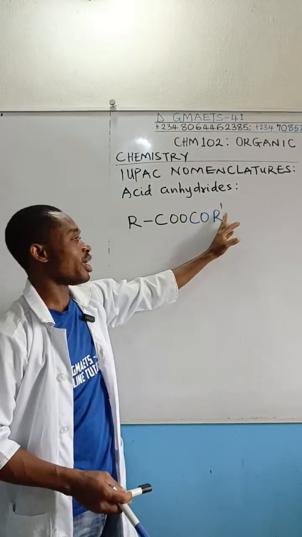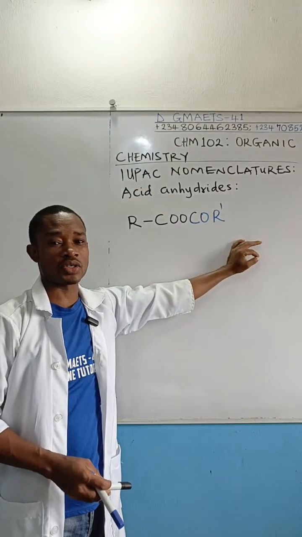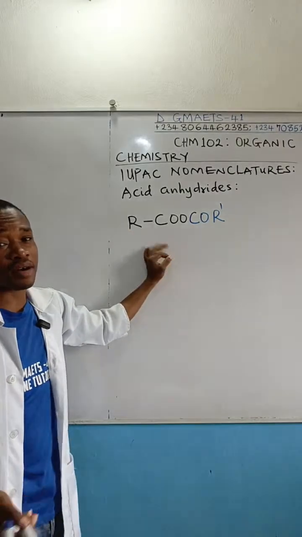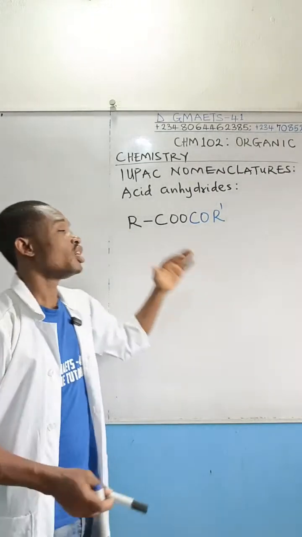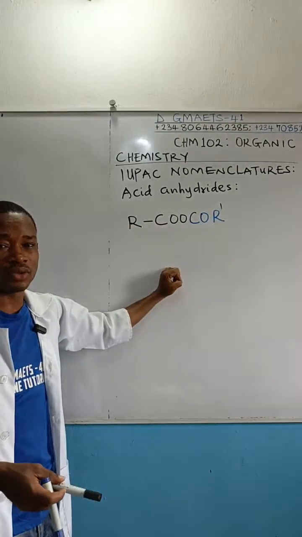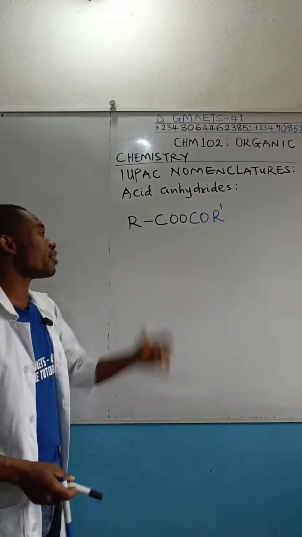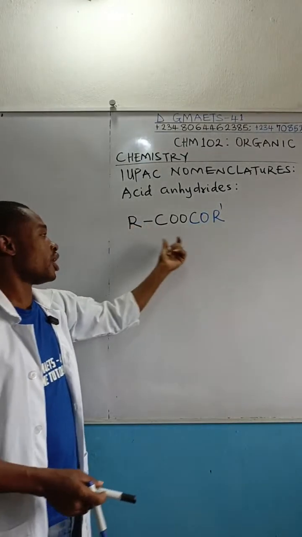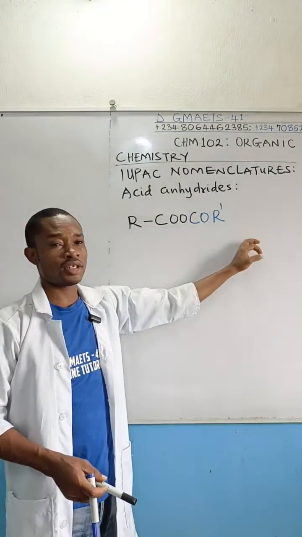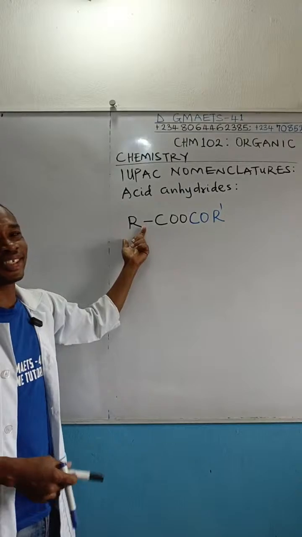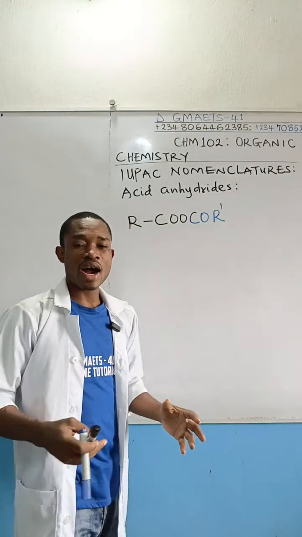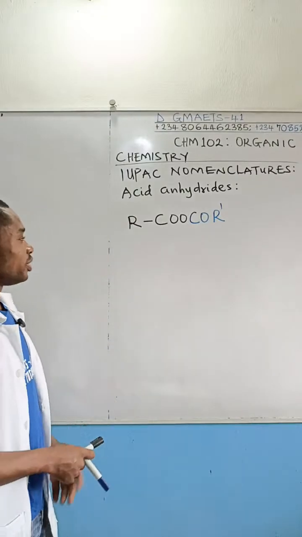I've always explained that this prime I put here is to tell us there are some cases in which R prime might be the same as R, and there are cases in which this R prime may be different from this R, but they are all alkyls. You can have something like methyl here, you could have something like ethyl here. It's possible you have something like ethyl here and you have methyl the other side. So R and R prime may or may not be the same.